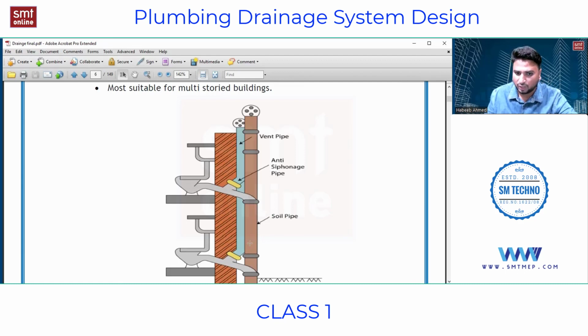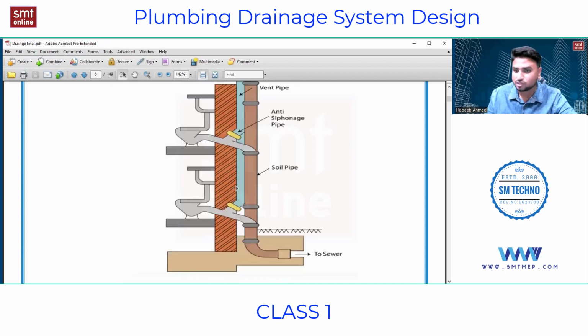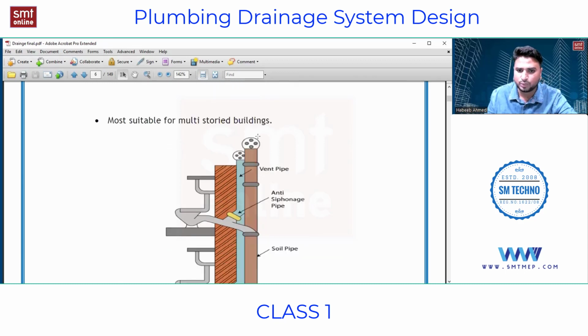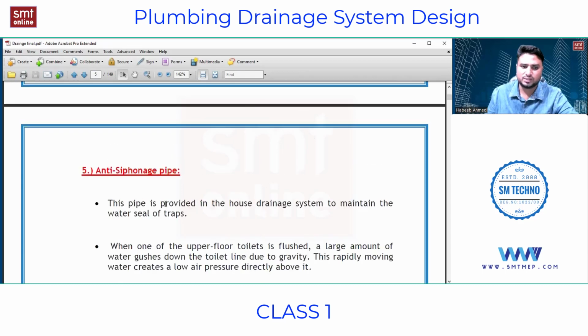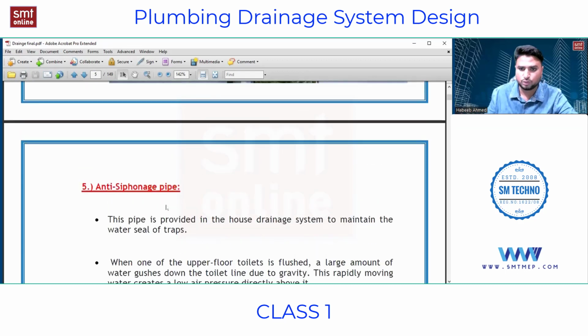That means if the gases try to come above, they will not enter, because we have a water seal over here. So the gases have no option. They will go above and exhaust from this vent pipe. Let me show you once again, or let me read out, then I'll show you one animation.